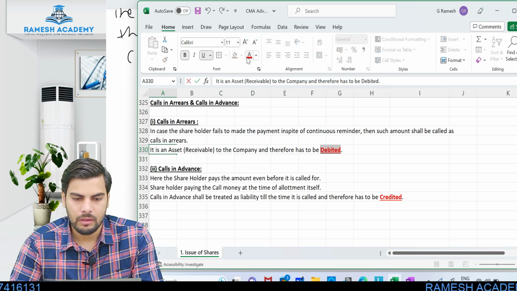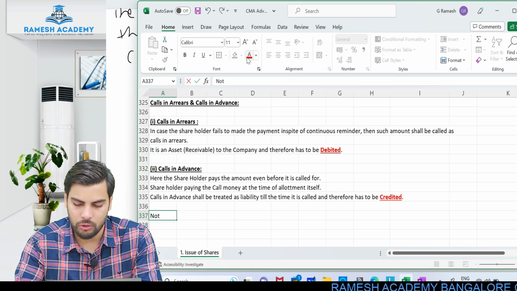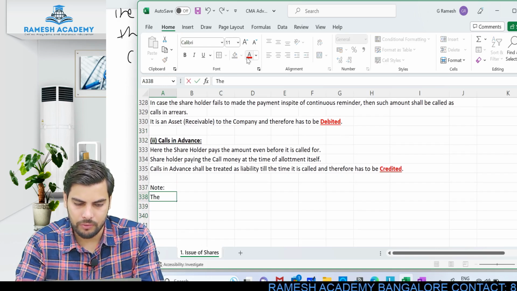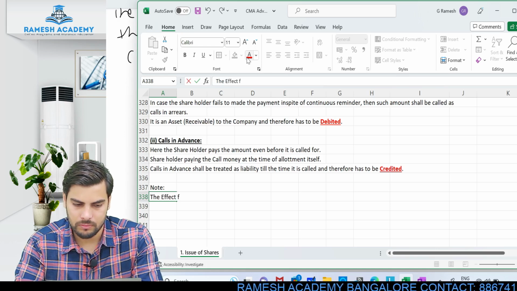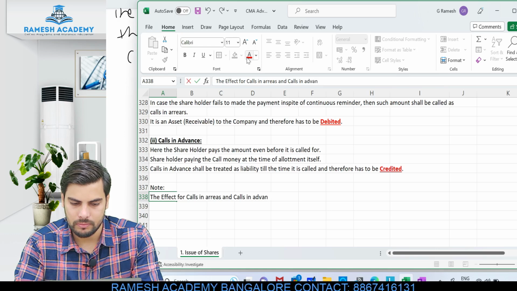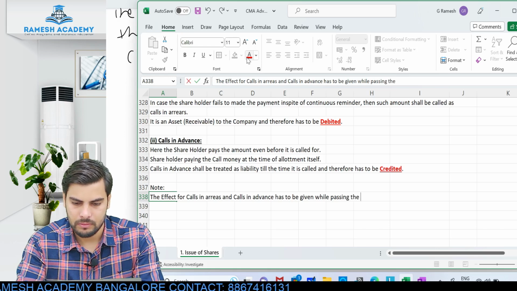Clear? Now another crucial point what you need to remember is when is that you need to debit this calls in arrears and when is that you need to credit this calls in advance. So the effect for calls in arrears and calls in advance has to be given while passing the receipt entry.